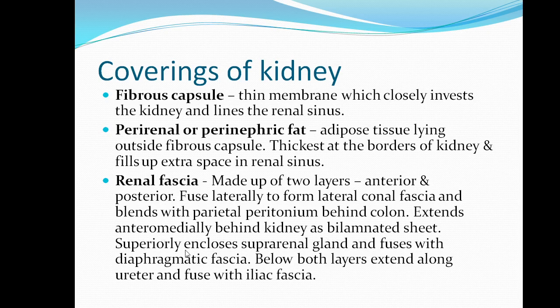Superiorly, the renal fascia encloses the suprarenal gland and fuses with the diaphragmatic fascia. The suprarenal gland lies in a separate compartment. Below, the anterior and posterior layers extend along the ureter and fuse with the iliac fascia.